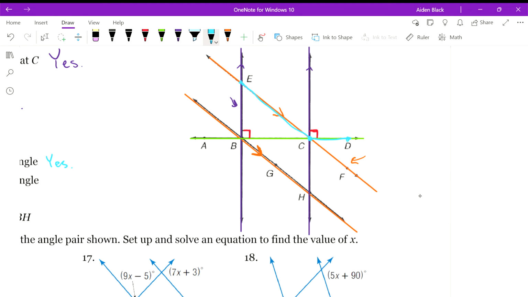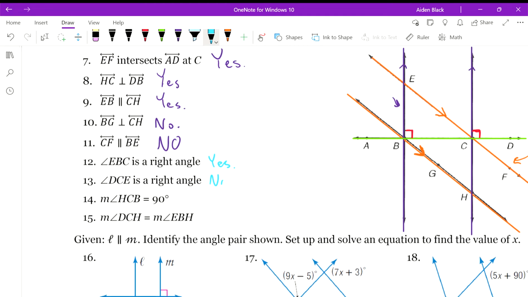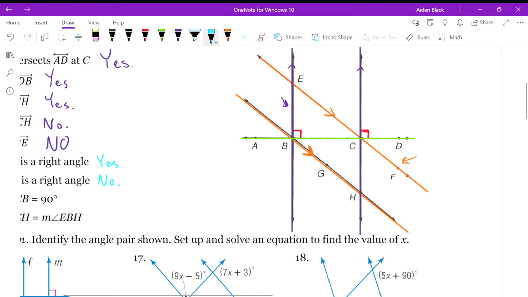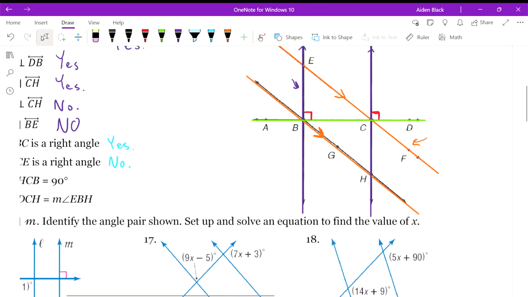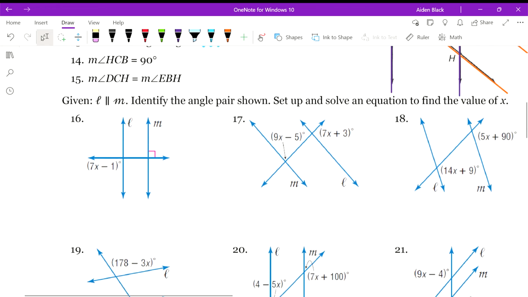Well, we know that there's a right angle in it, but there's also this angle remaining, so it has to be greater than 90 degrees, making it not a right angle. So no. The measure of angle HCB is 90 degrees. Now I'll leave these for you guys. These are good ones to leave remaining for you.